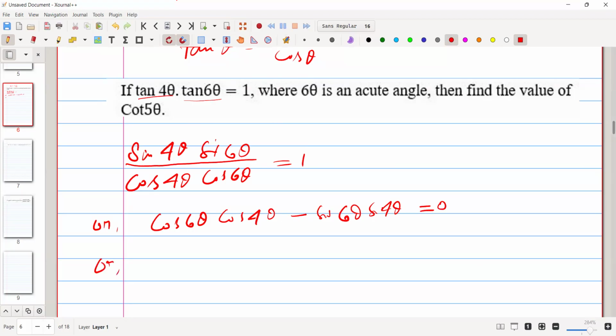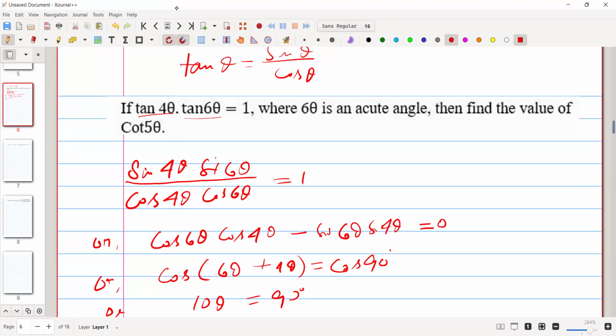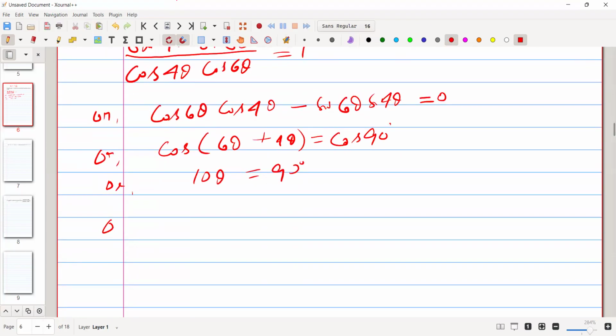You know from higher trigonometry that this is a pattern of a formula, which says this is cos of 6 theta plus 4 theta equals 0, and 0 stands for cos of 90 degrees. Comparing both sides, we have 10 theta equals 90 degrees, so 5 theta is equal to 45 degrees.